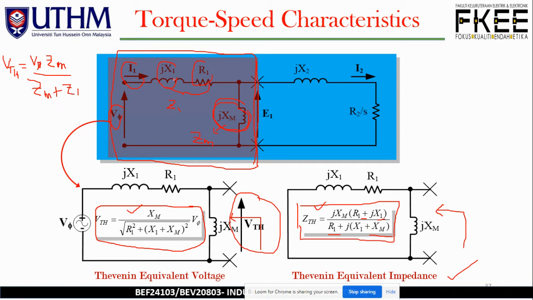Alright. And then in terms of the resistance, also the reactance, we try to expand the equation into more detail. We have VTH equal to V phase, jXM over jXM plus jX1, here, plus R1.